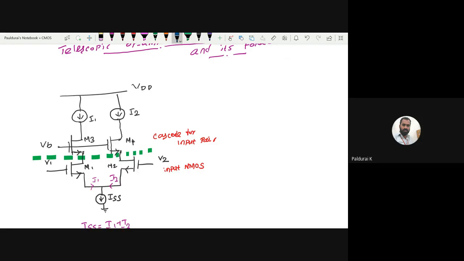So let me choose another color. I didn't change anything in the upper side. Just I am drawing it as it is. This is my I1, this is my I2. Later we will replace this current source by a suitable transistor. இங்கே எனக்கு யார் இருக்கா?